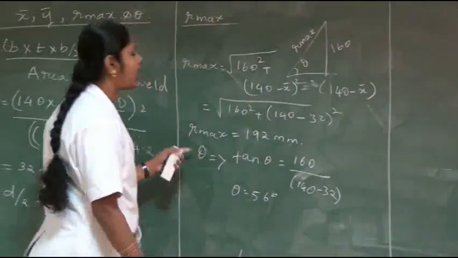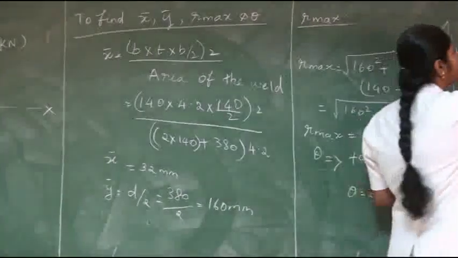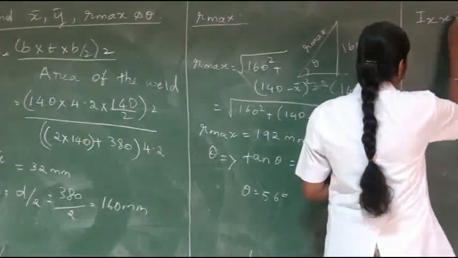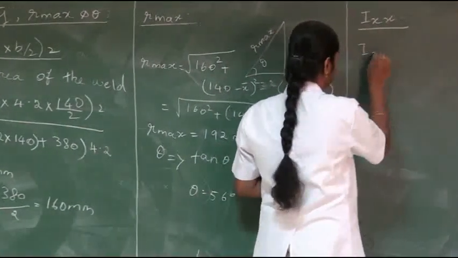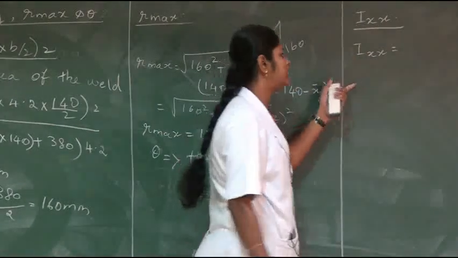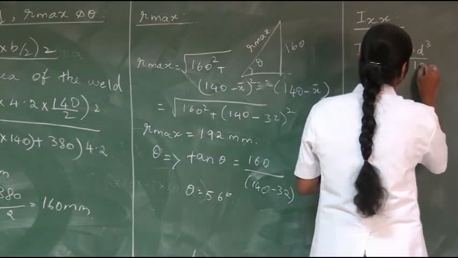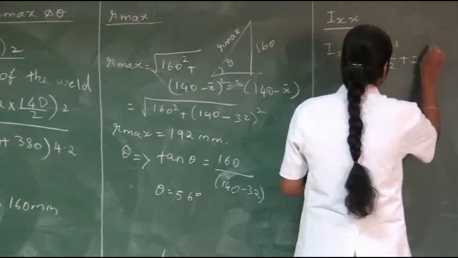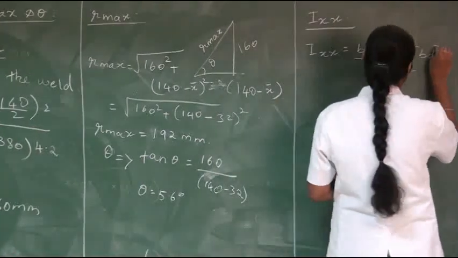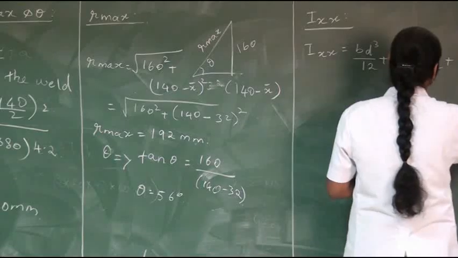After finding theta, R max, X bar and Y bar, we have to calculate the moment of inertia about X, Ixx. For this the formula is BD cubed by 12 plus 2 into BD cubed divided by 12 plus area into Y bar squared.